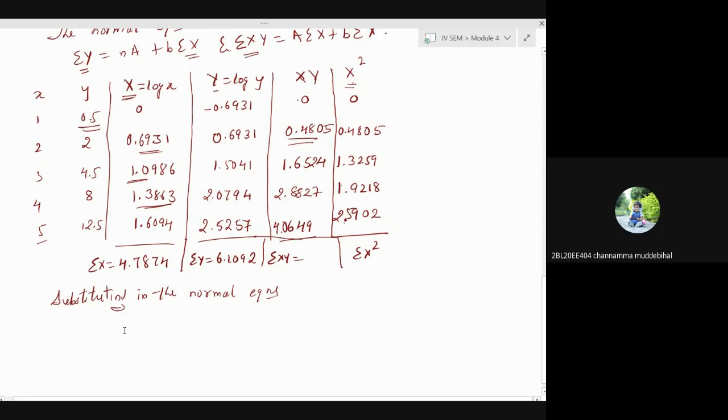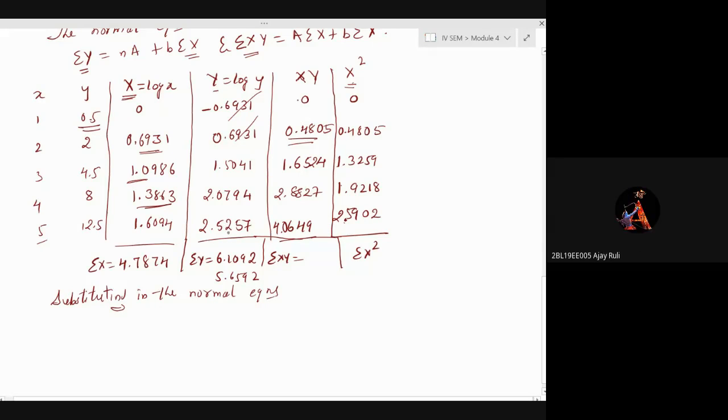Summation y 5.6592. We'll check the values. Because it is minus here, this value is cancelled. This value will get cancelled, both are same. So check out the remaining values of this sum.